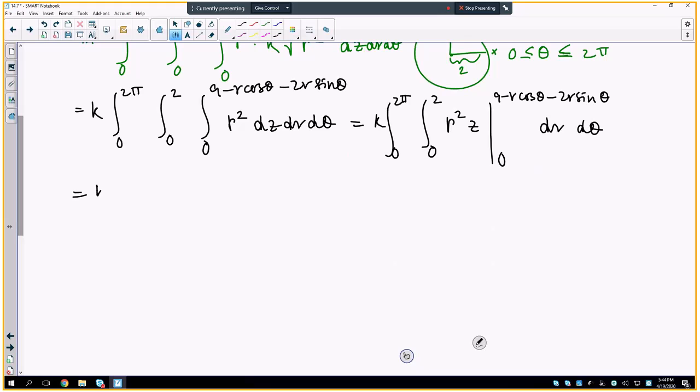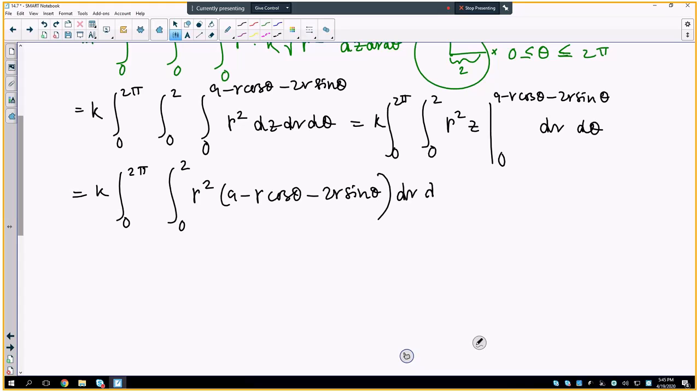So let's put in the values for the limits of z. I get k times the integral 0 to 2 pi, 0 to 2, and for z you get r squared times 9 minus r cosine theta minus 2r sine theta, dr, d theta. I'm going to distribute, and then the next step is the antiderivative: we'll get 9r squared minus r cubed cosine theta minus 2r cubed sine theta, dr and d theta.